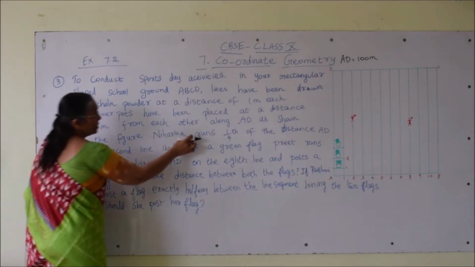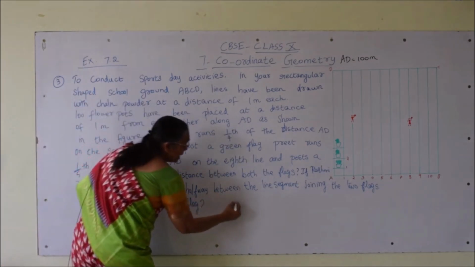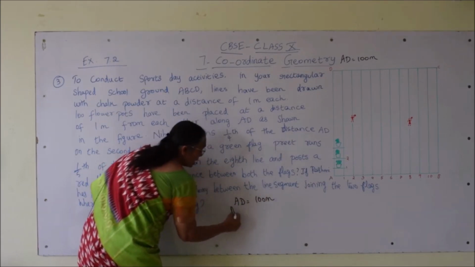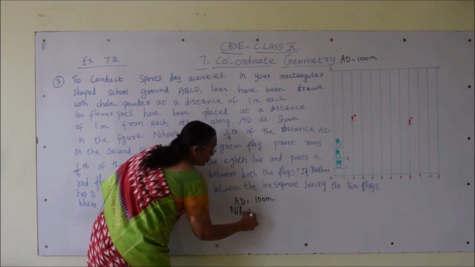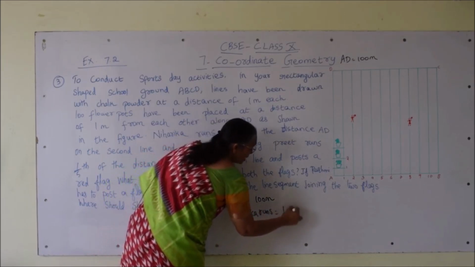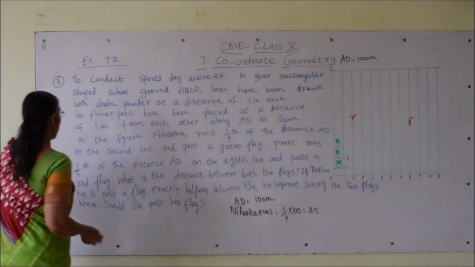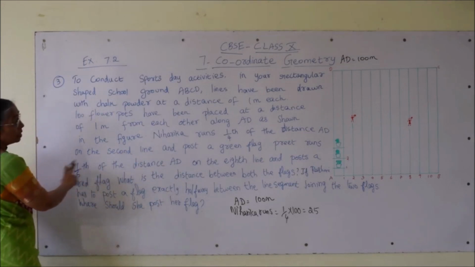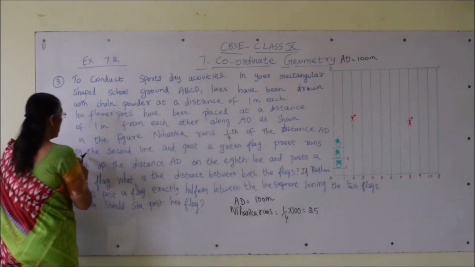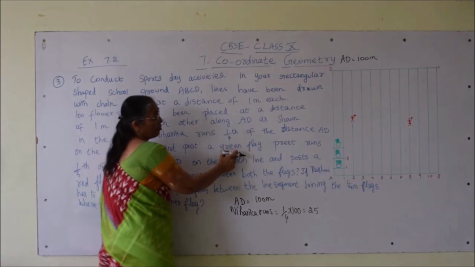Niharika runs 1/4 of the distance AD. The AD distance is 100 meters, so 1/4 of 100 is 25 meters. She ran this distance on the second line and posted a green flag.